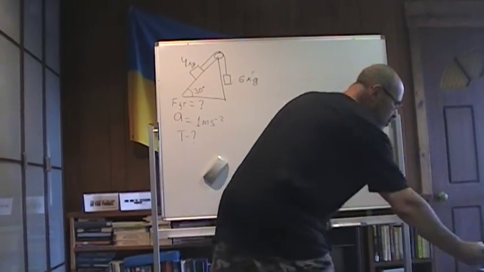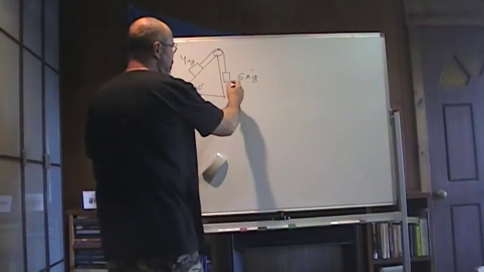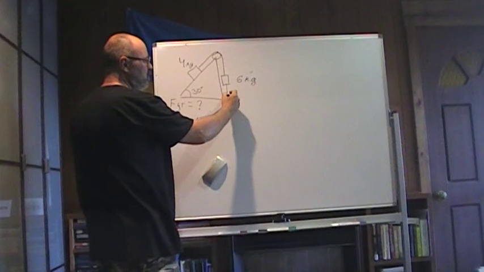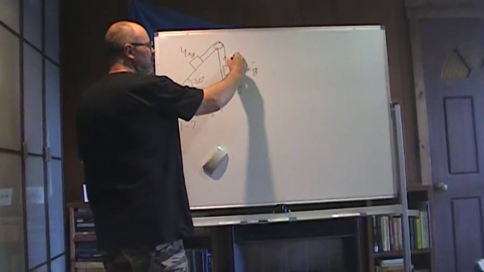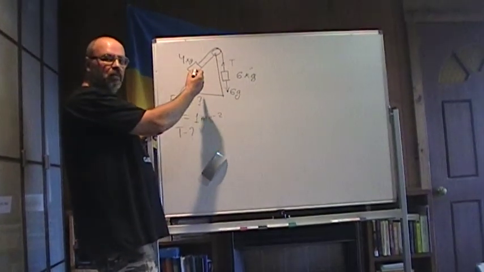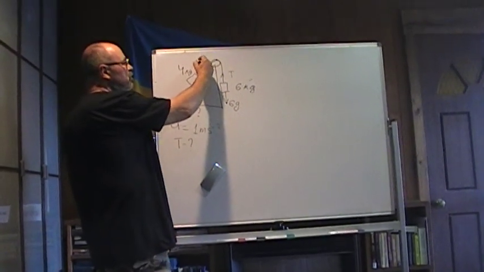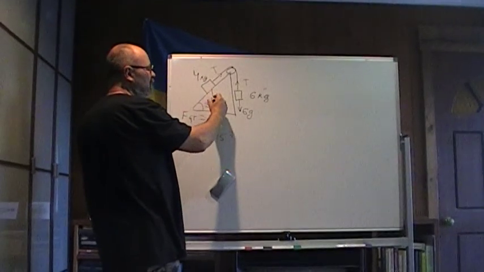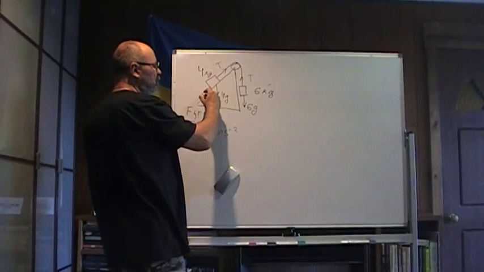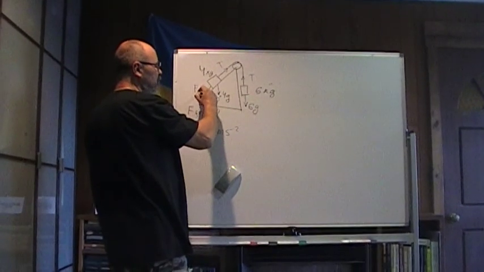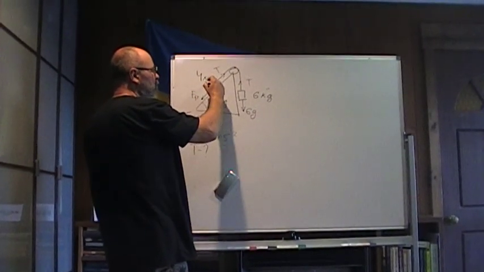So let's label forces. On the 6 kilogram mass we have mg, gravity down, and we have tension up. On the 4 kilogram mass we have tension, we have mg, 4g, and we have friction force, and we have normal reaction.